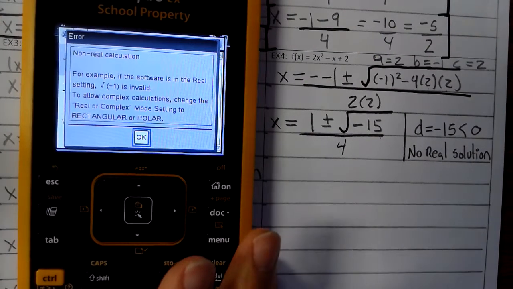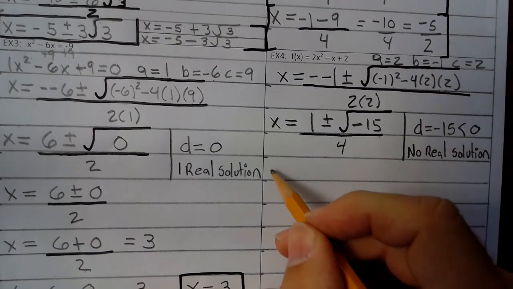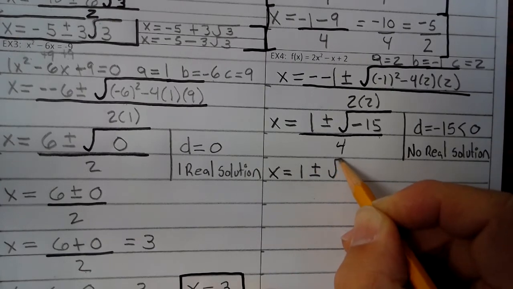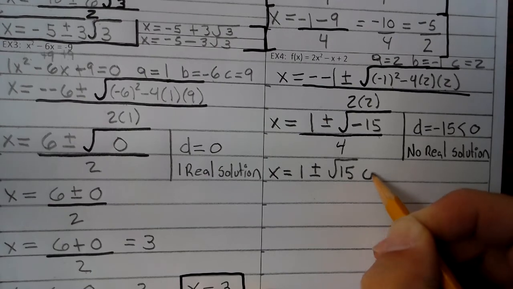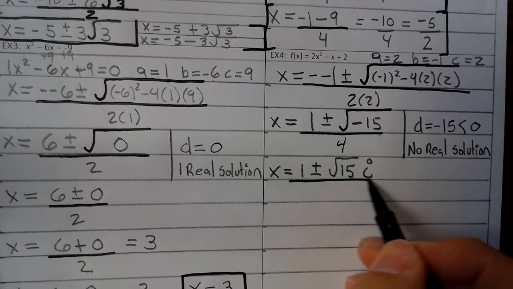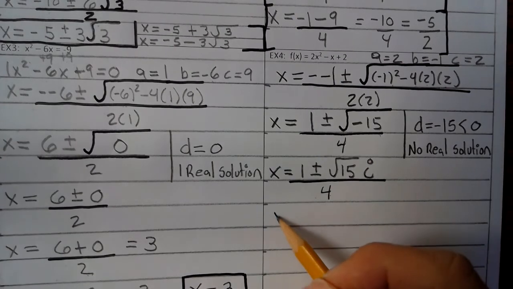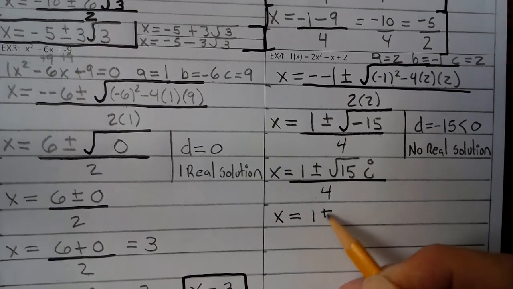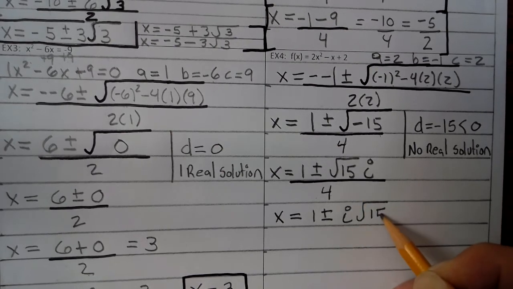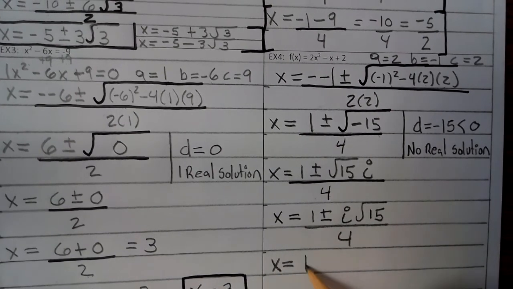Okay. And so the way we write a non-real solution is we write that as imaginary. So this is x equals 1 plus or minus the square root of 15 i, divided by 4. We're saying that's an imaginary solution. So our two non-real solutions are x equals 1 plus or minus, and you can actually write the i in front if you like, i square root of 15 divided by 4.